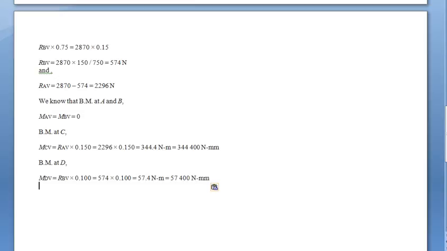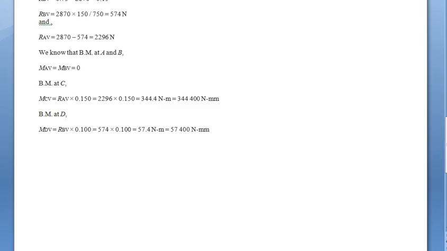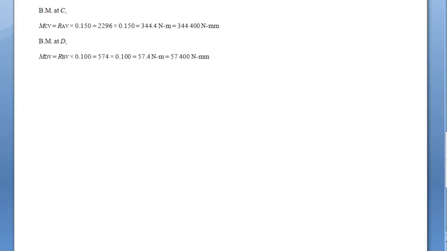Now the bending moment at A and B is equal to 0. So we will calculate the bending moment at C. So MCV equals RAV into 0.150. That is the force and this is the distance.